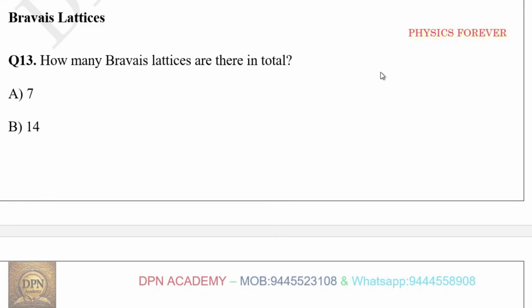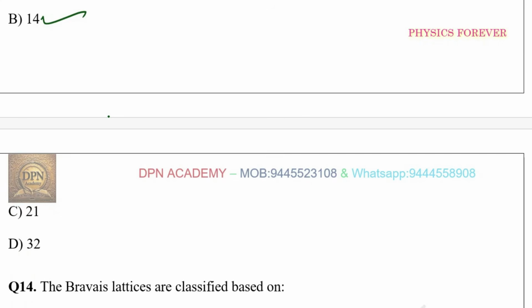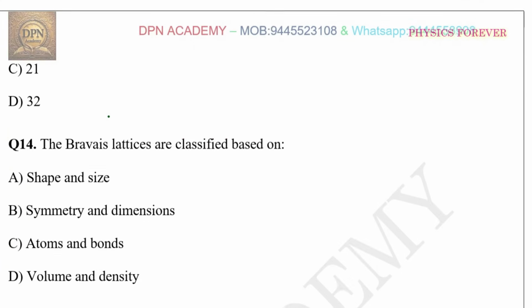Question number 13, related to Bravais lattice. How many Bravais lattices are there in total? There are 14 Bravais lattices in 3 dimensions. In 2 dimensions it is different, and sometimes they ask about 2 dimensions also.